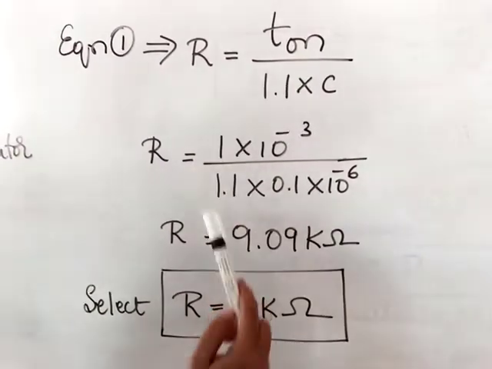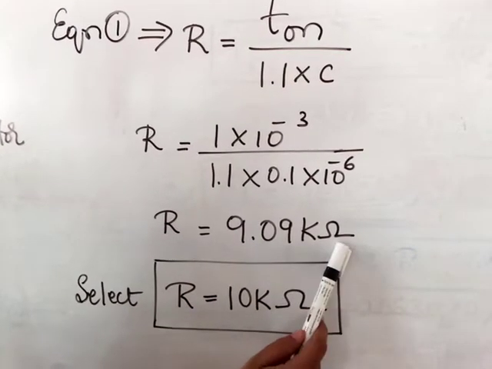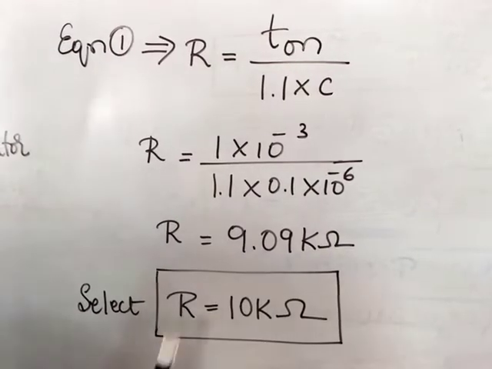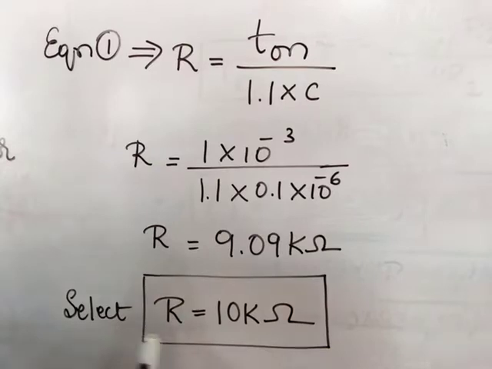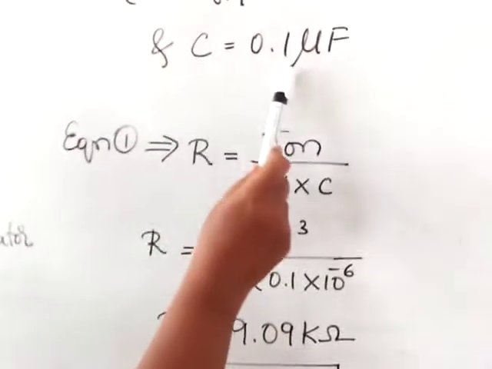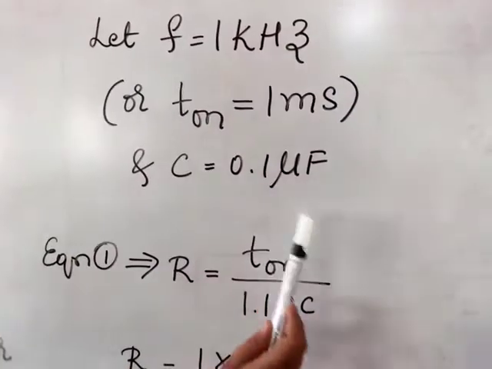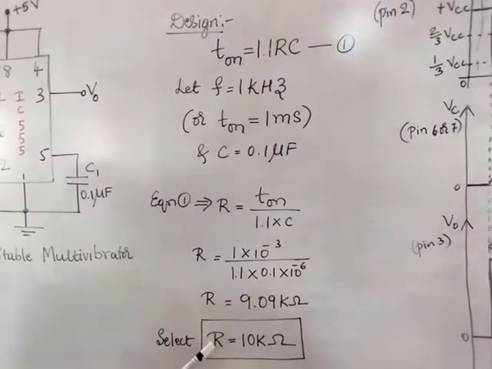Calculating, we get R equals 9.09 kilo ohm. The standard resistance available is 10 kilo ohm. So choose R equals 10 kilo ohm and capacitance C equals 0.1 microfarad. These are the only two components we need to design here.